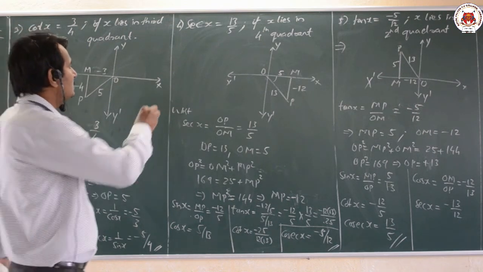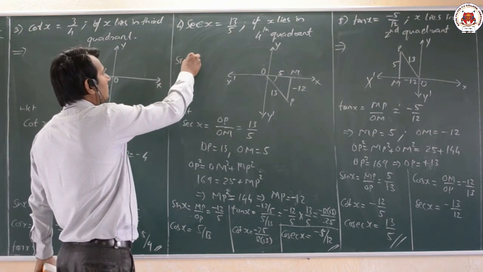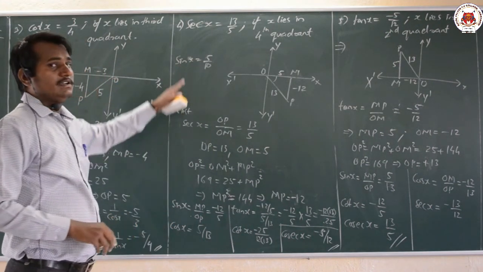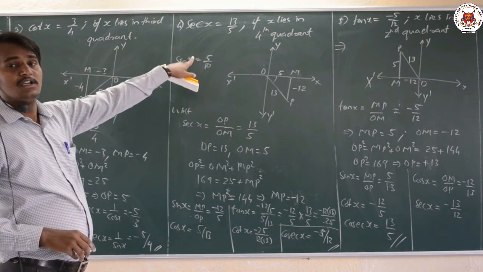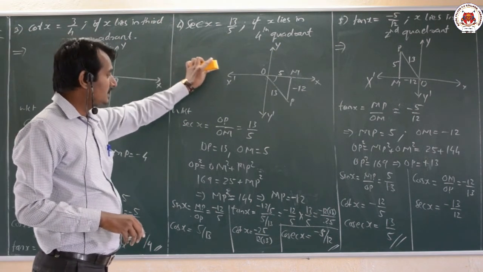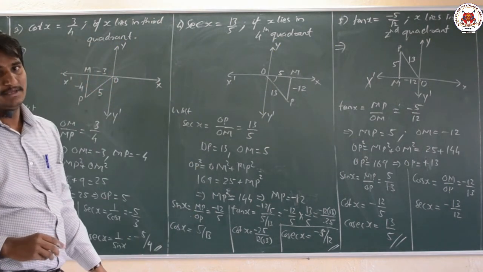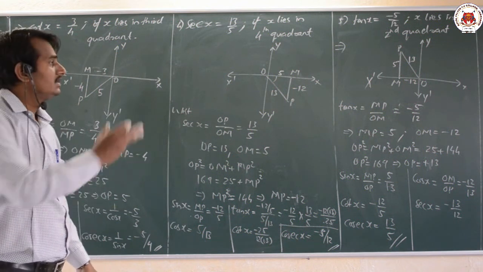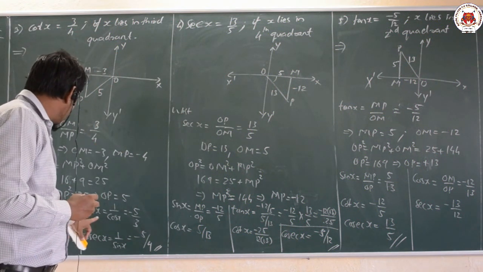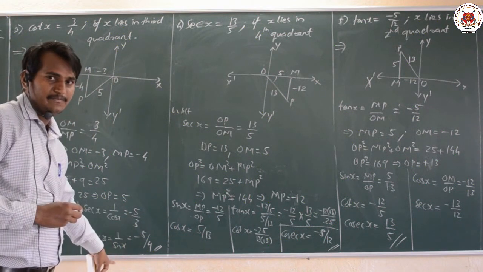If suppose in the examination he has given sin x equal to 5 by 10, and it lies in the first, second, or third quadrant, you require to find the remaining values, and that will be a very simple task by making use of these methods. In the examination, this particular concept will be of 3 marks, and only any 3 will be asked here out of these 5.